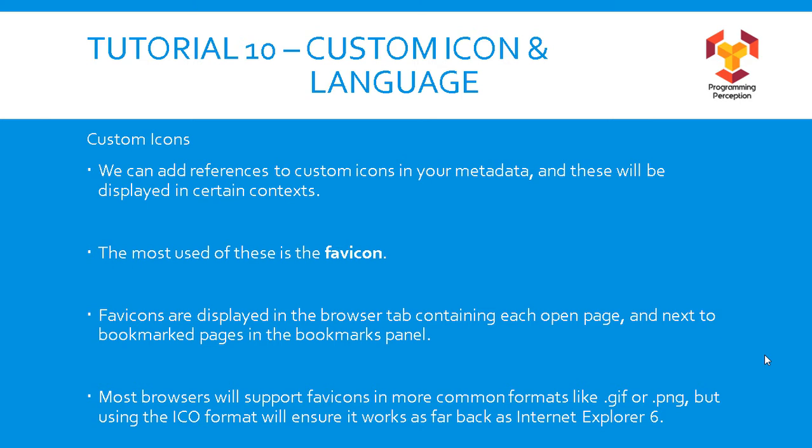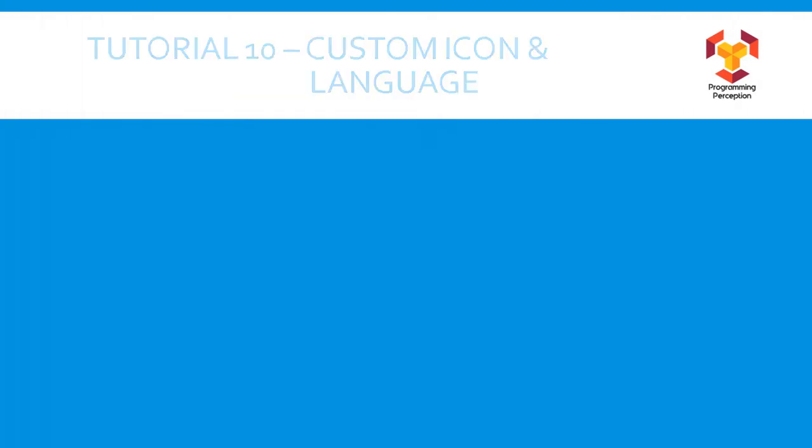But if you want to make sure that your web page and your favicons are supported by older browsers as well, it's a guideline to use the .ico format, that is a standard icon format. I'm going to show these icons practically today, both in ICO and in PNG format. But before that, let's see some more things about custom icons.